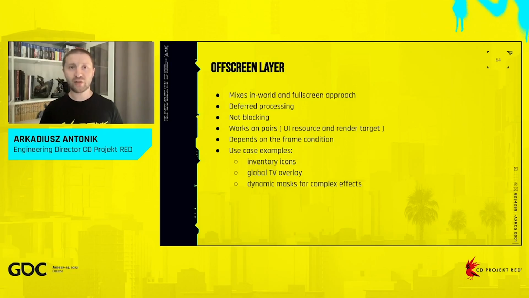The crucial part of this layer was a mechanism known as fire and forget. Any UI part could queue some work for the off-screen layer, giving a pair of objects: a widget library resource as a source, and a render target as a target. The whole process of spawning, updating and drawing was fully deferred and not blocking the frame.